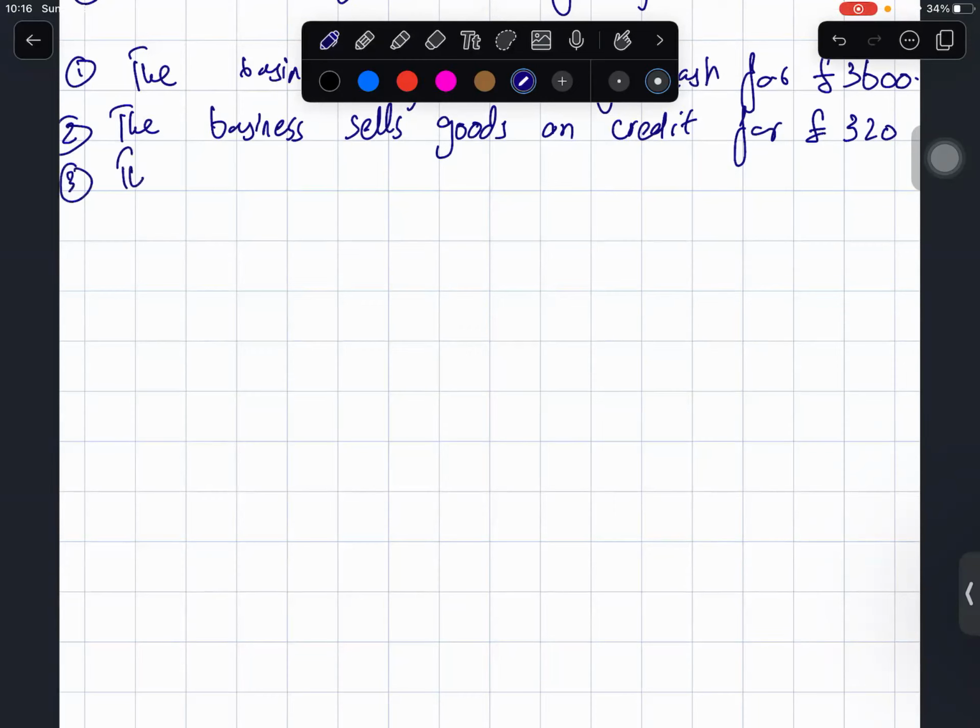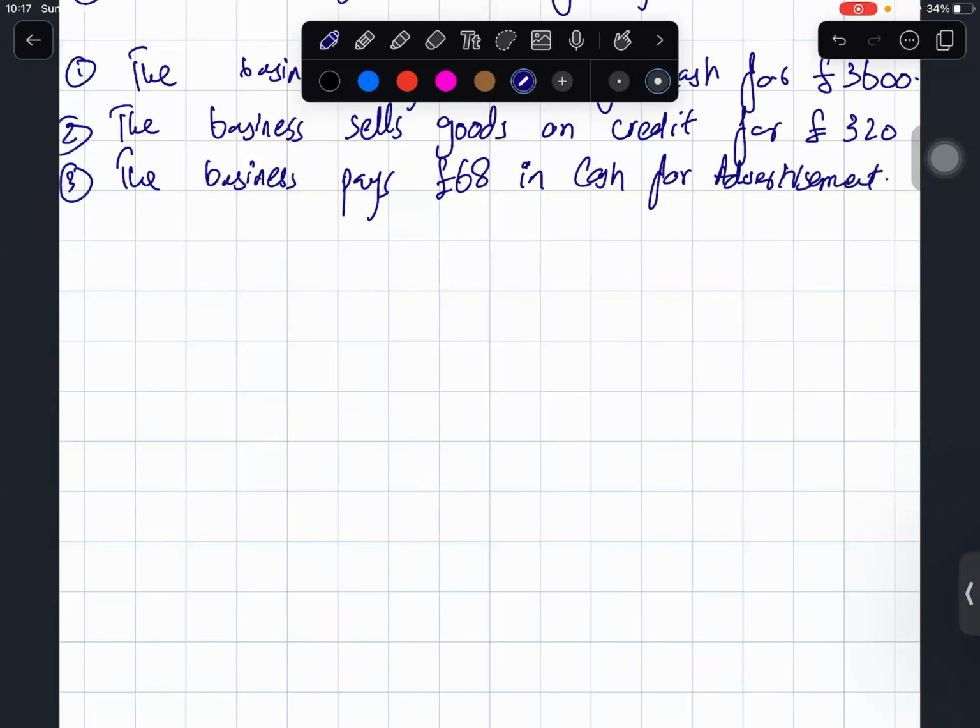Number 3 is the business pays £68 in cash for advertisement. Then you have the business pays £190 as wages.